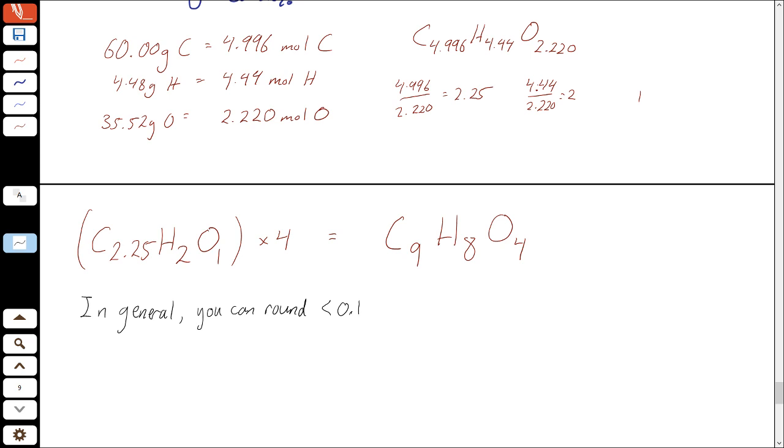So if you came up with a number like 2.03 or something like that, you would call that 2. 2.09, you might call that 2. But if you get 2.15, that's not. And if something weird like that turns up, you may have to rerun the experiment or do some other stuff. But for our purposes, for what we're going to be doing, that should work okay.